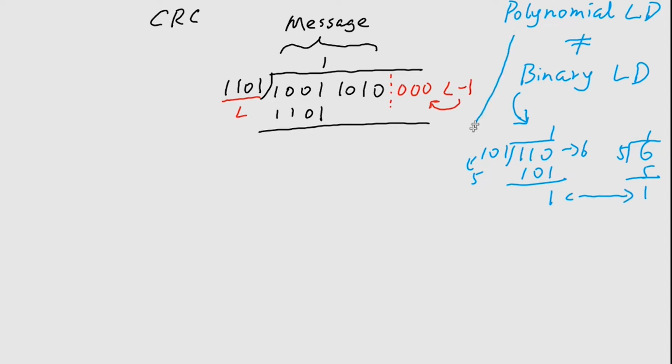However, by the CRC calculating rule, it's something like this, 101. Here we will do an exclusive OR operation, which will be 1, 1. You see, that's not the same.